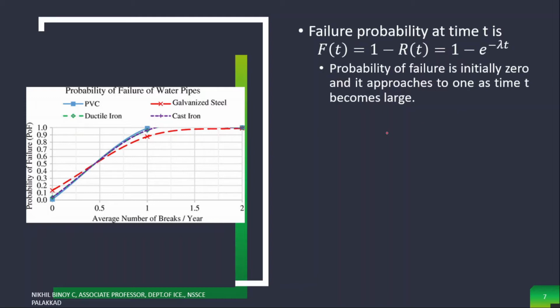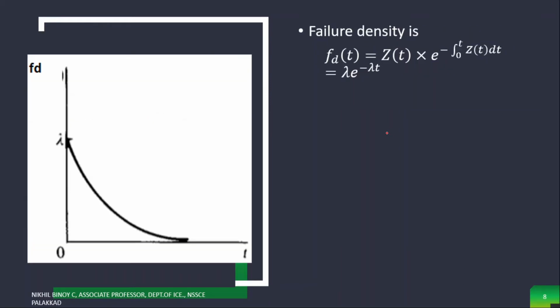The last one is the failure density function, fd of t, equal to z of t into e raised to minus integral 0 to t z of t dt, that is z of t R of t, equal to lambda into e raised to minus lambda t. So these are the four functions that we discussed in last class.